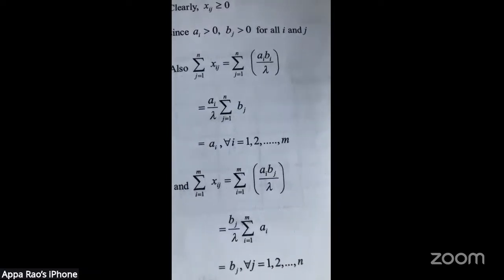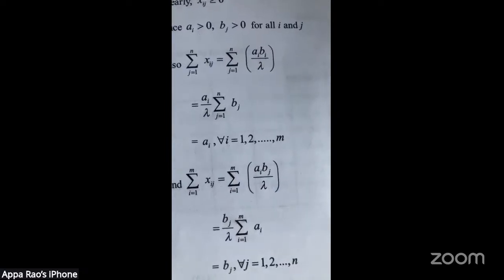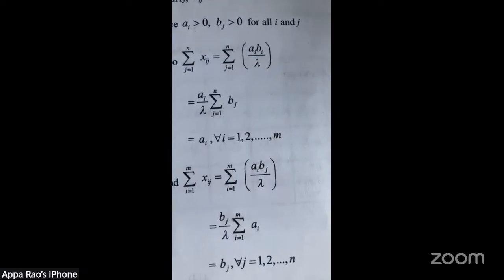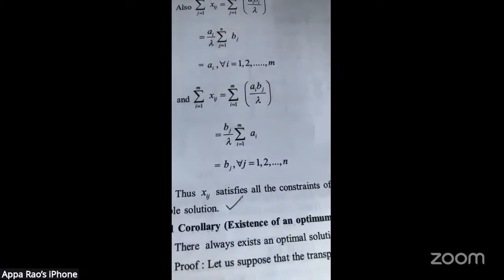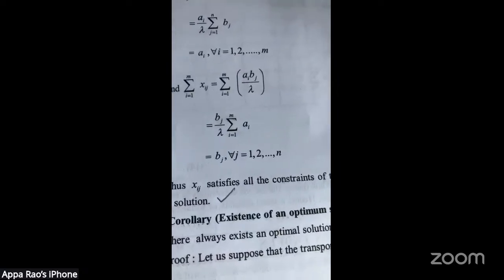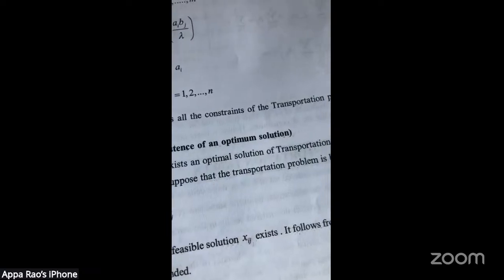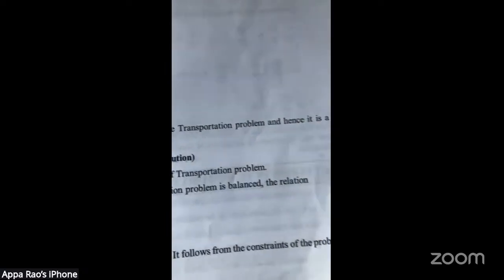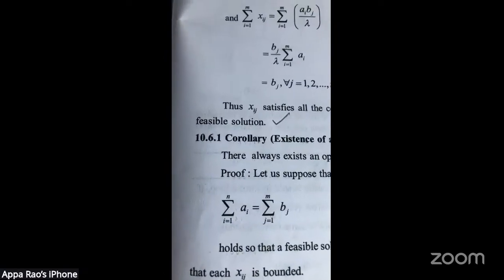Similarly the sum over i of x_ij equals b_j by lambda times the sum of a_i, which equals b_j, for all j equal to 1 to n. The x_ij satisfies all the constraints of the transportation problem, and hence it is a feasible solution.